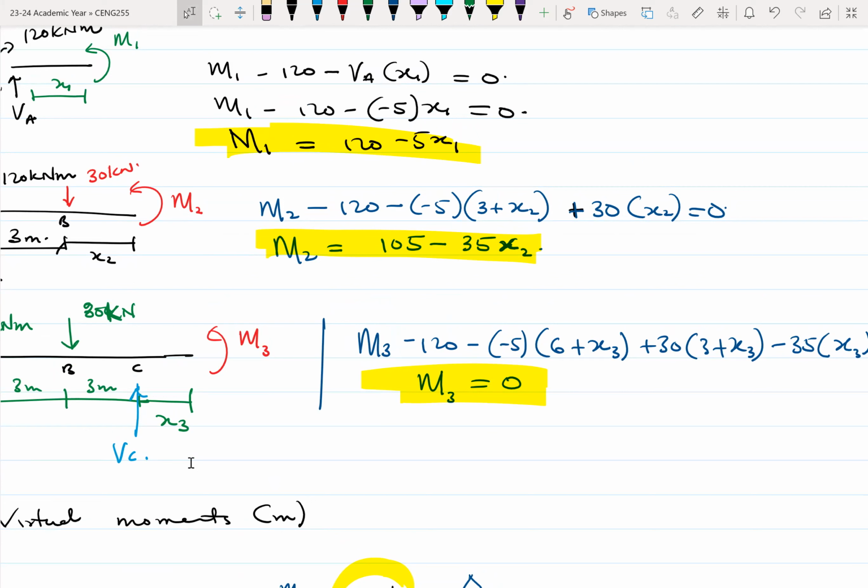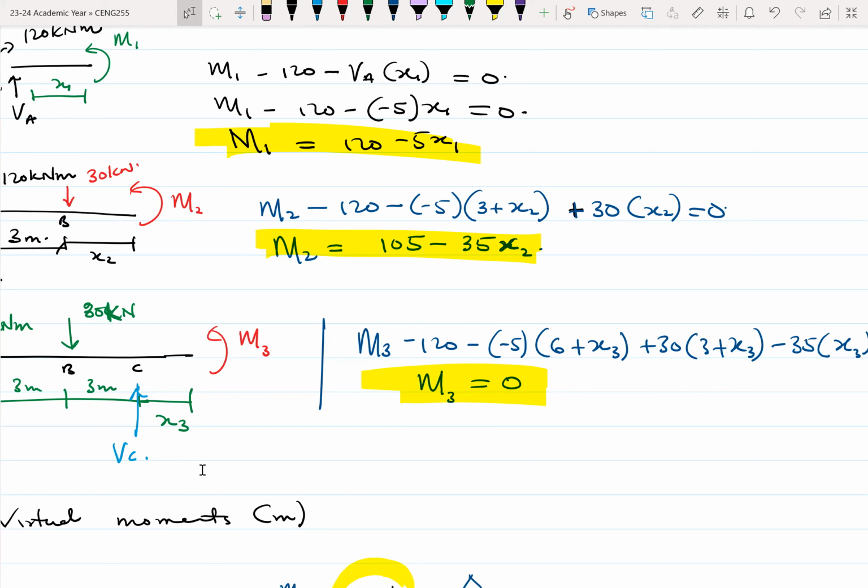Okay, let me just cross check my values on that side. My M1 is correct, that I know. My M2 is also correct. Okay.